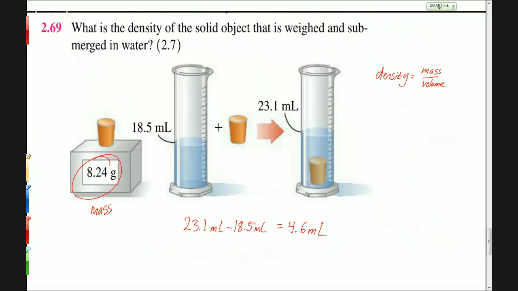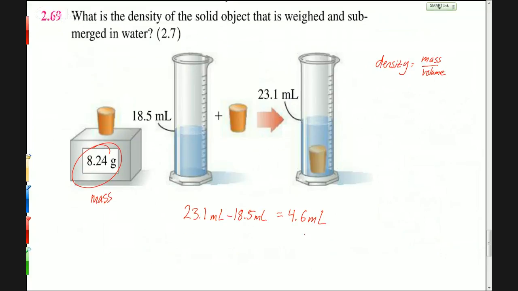The water level went up because of the extra space that that object takes up, so that reflects the volume of the object. That means we can calculate that density as 8.24 grams divided by 4.6 ml.